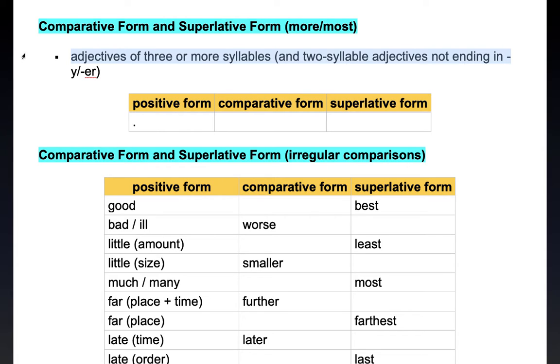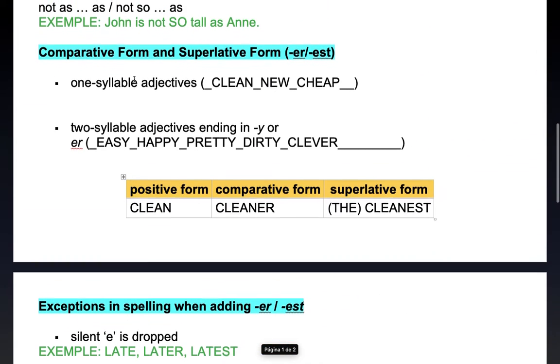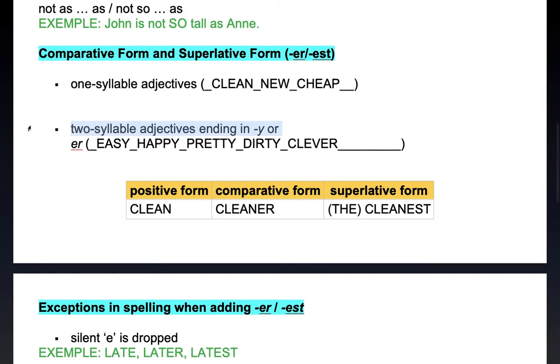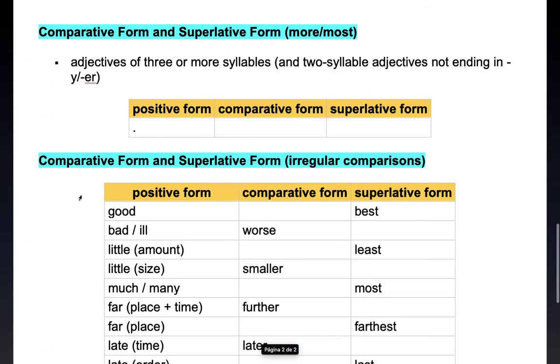Adjetivos de 2 o más sílabas. Pero observen, aquí entre paréntesis: and 2-syllable adjectives not ending in ER or Y, o adjetivos de 2 sílabas que no terminen en Y o ER, ¿cierto? Porque acuérdense que esto ya lo dijimos aquí arriba, estos de aquí, no los confundan, listo.